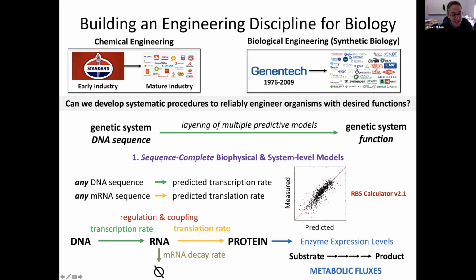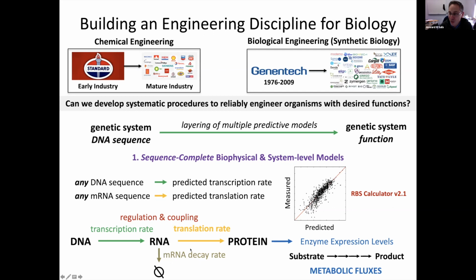And what do I mean by sequence complete? I mean that our models should be able to accept any DNA sequence and correspondingly predict their transcription initiation rates. They should be able to accept any messenger RNA sequence and correspondingly be able to predict translation initiation rates, and so on for every possible gene expression process inside the cell.